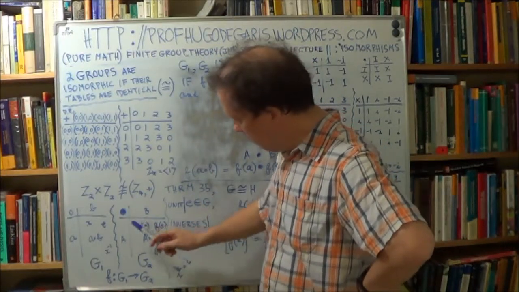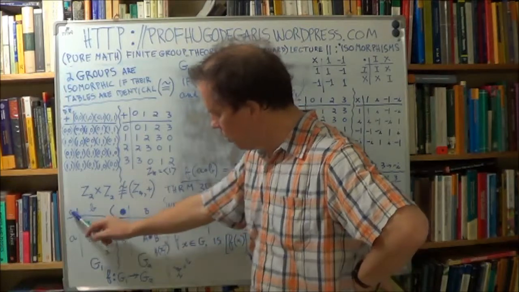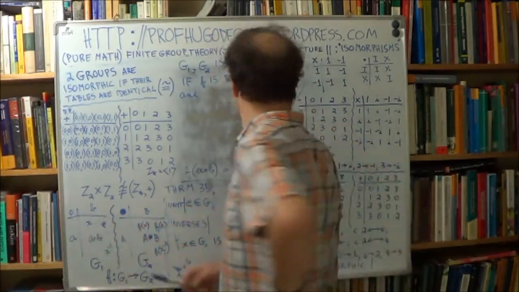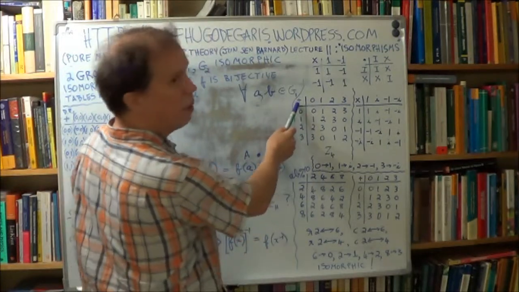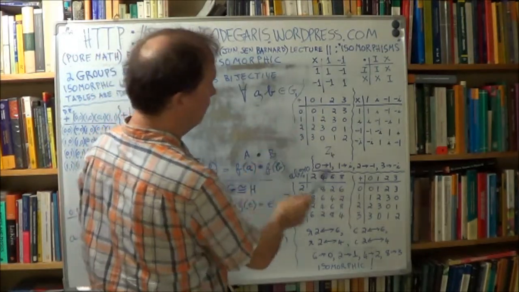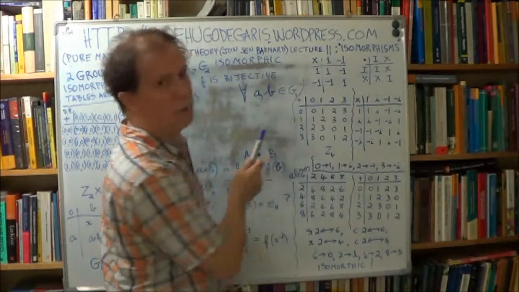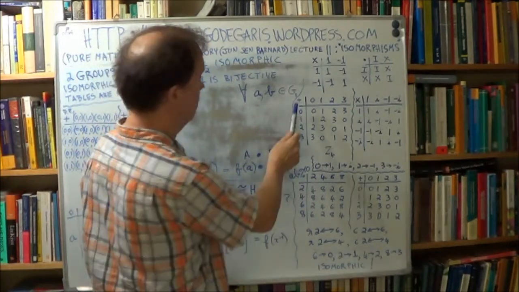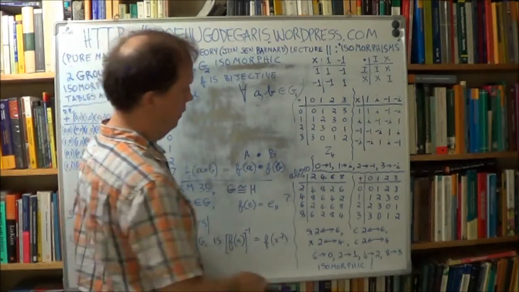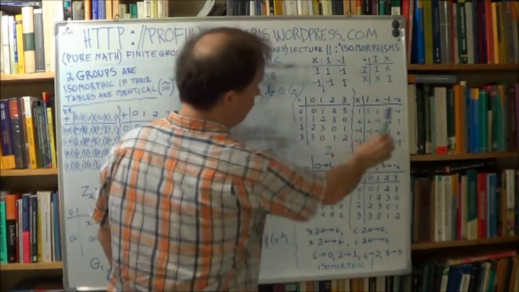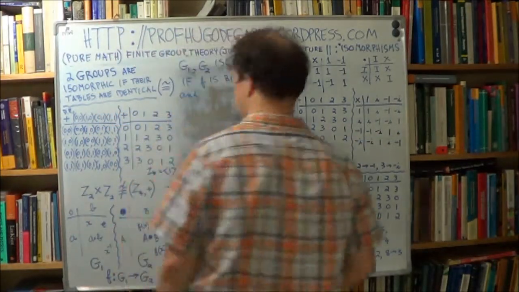because the binary operations are often quite different, right? So, for example, here it was plus mod 4, and here it was just complex number multiplication. So quite distinct binary operators, but nevertheless these two groups were isomorphic.